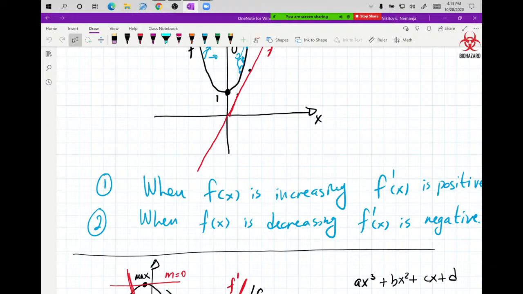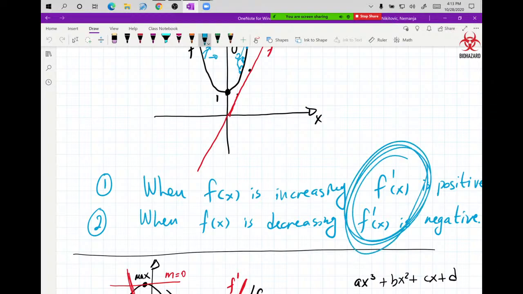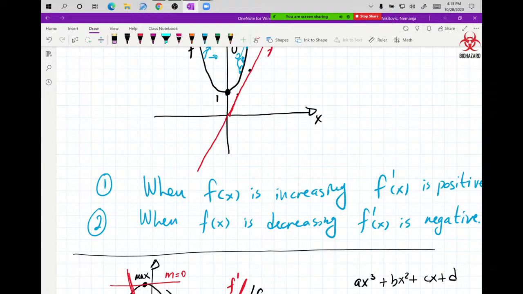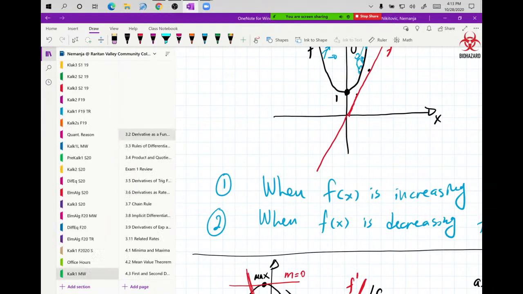When f of x is increasing, the derivative is positive. When f of x is decreasing, the derivative is negative. Now, we are starting with derivatives and making conclusions on what the function is doing. So now we say when the derivative is positive, the function is increasing. So we just read this the other way for our new section. All right, let's go back.